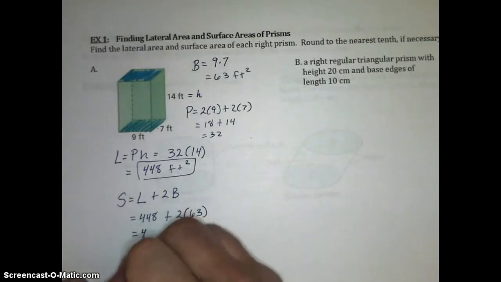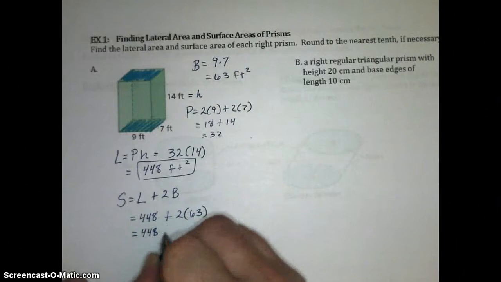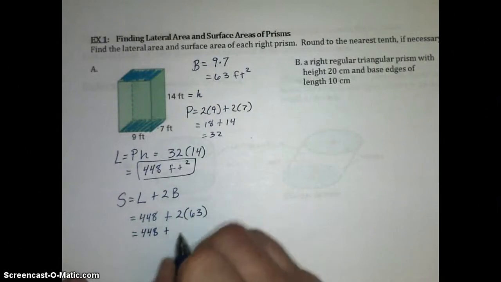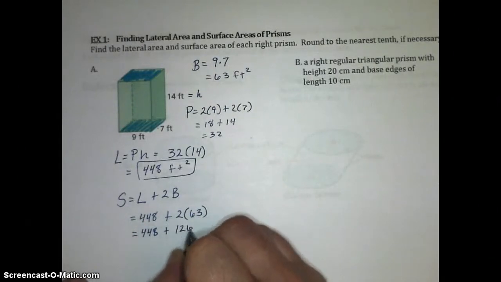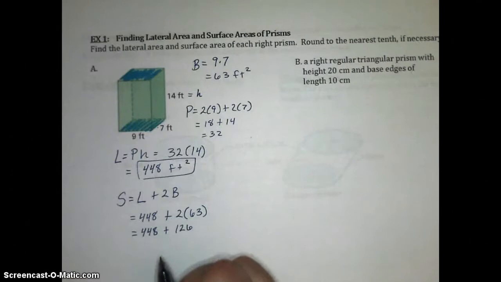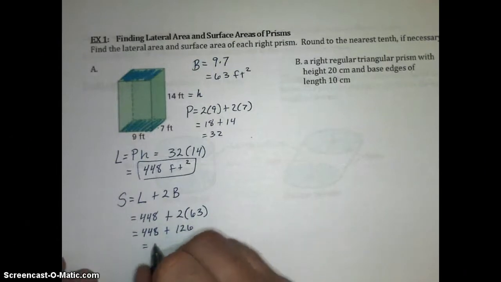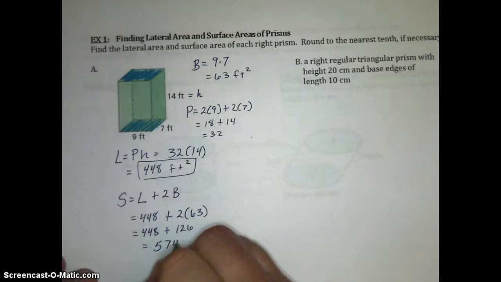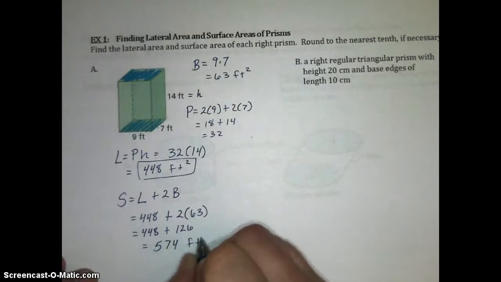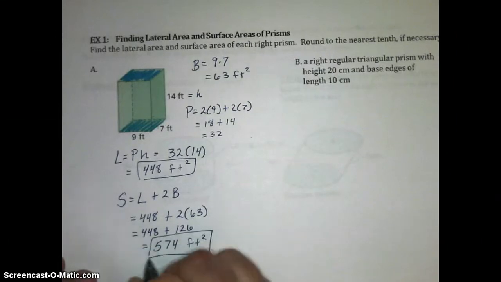So my surface area is the lateral area of 448 plus the combined base areas of 126 when you double that. And if I add those together, I get a total surface area of 574 square feet. And we're in square feet because it's surface area.